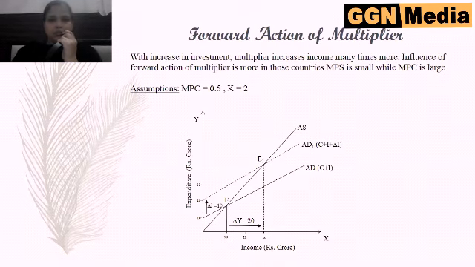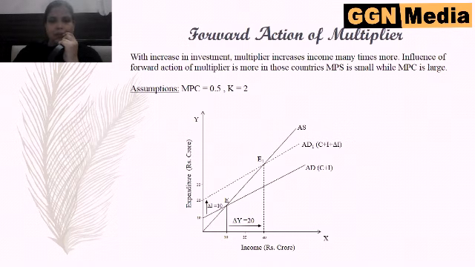We need to show that with increase in investment, the income will increase double. Here in the diagram, on the x-axis, we will take income in crore rupees, and on the y-axis, we will take expenditure or investment in rupees crore. First, we'll draw aggregate supply that will start from origin, a 45-degree line.